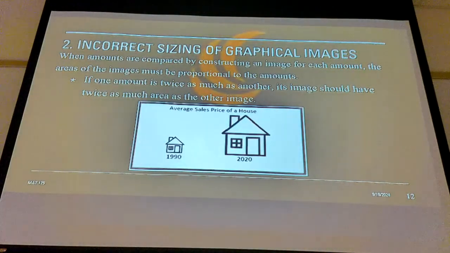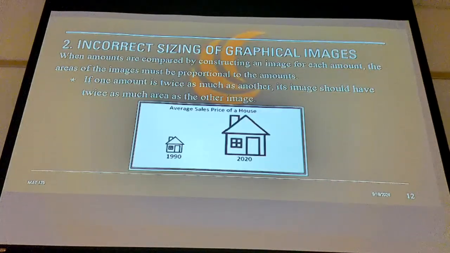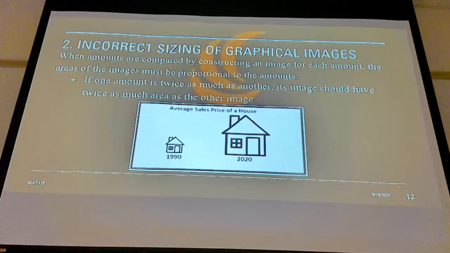In 1990, the average sale price of a house was $149,800. I paid that just for a plot of land. And that was cheap. In 2020, the average sale was $389,400.